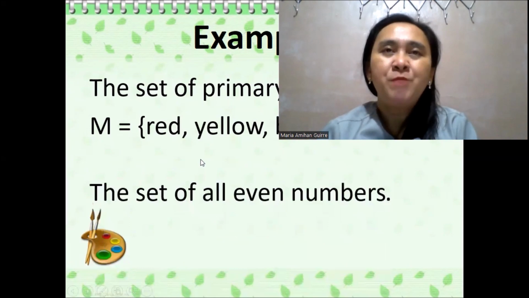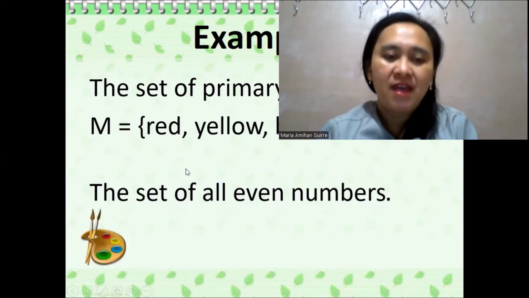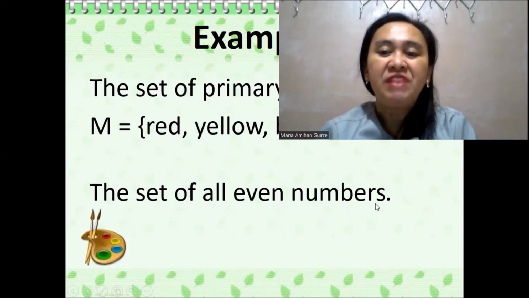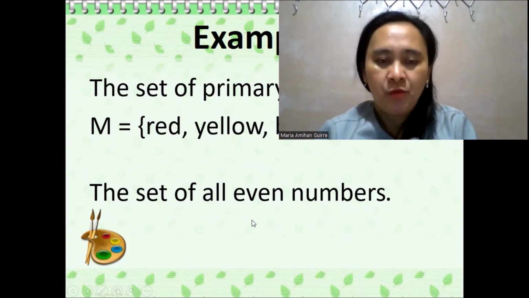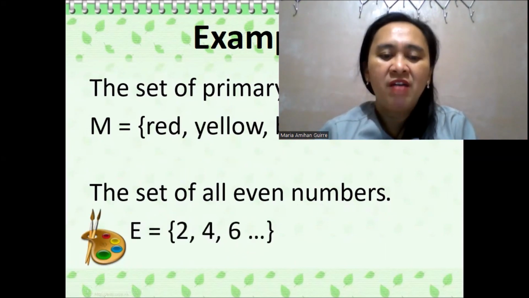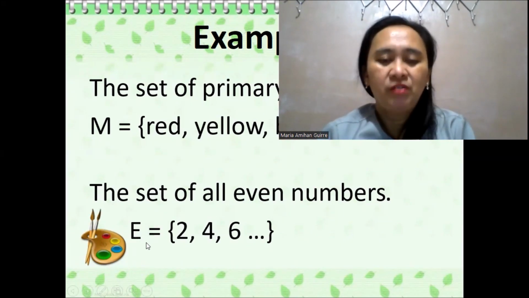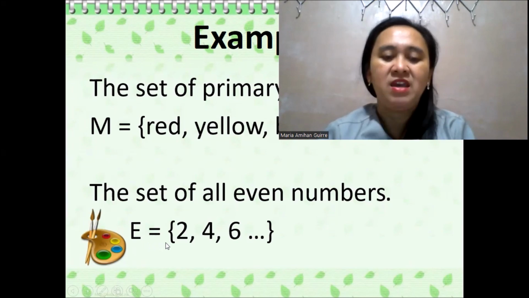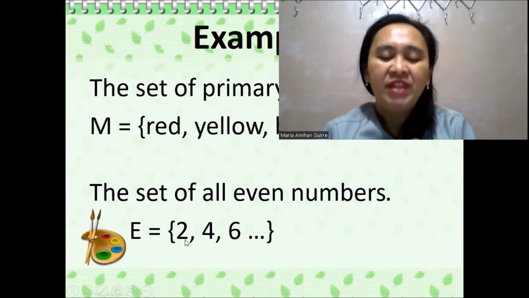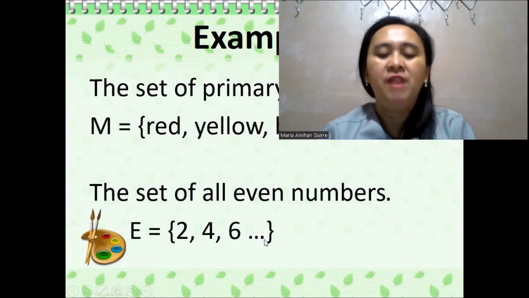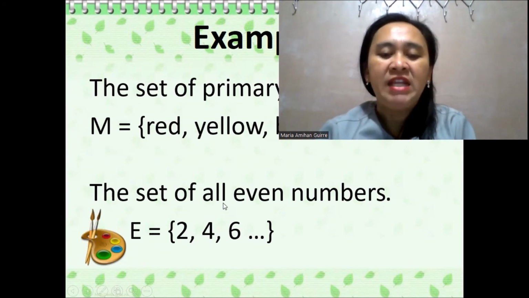Another example of well-defined sets, the set of all even numbers. This is infinite, and we can represent it with any letter, for example, set E. Then we have elements 2, 4, 6, and use 3 dots or ellipsis for the infinite even numbers.